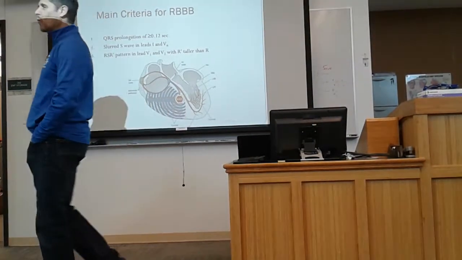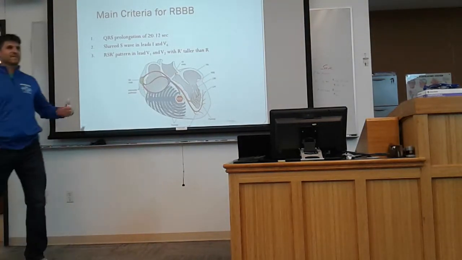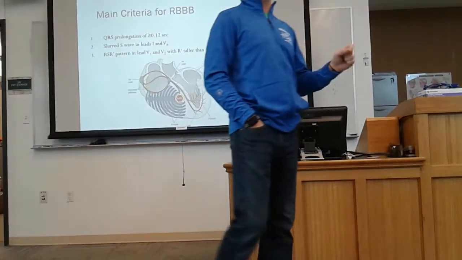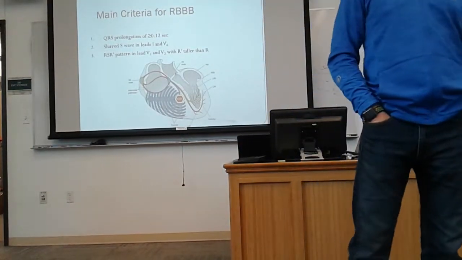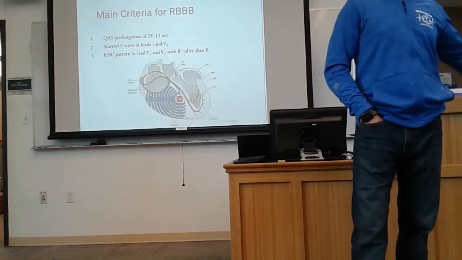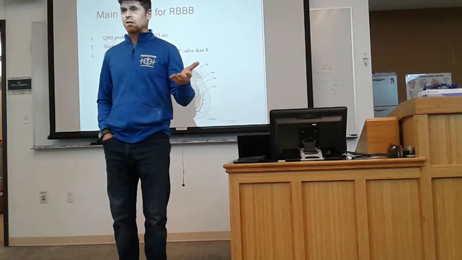Left lateral at what degree, basically? At 0 degrees, right? When the right side fires, what kind of a wave will the right side make in leads 1 and V6? A negative wave. Does that make sense?